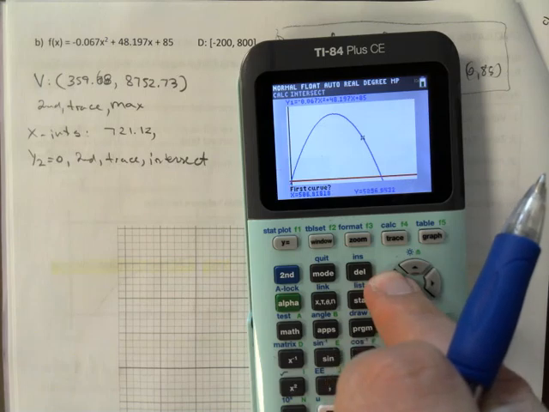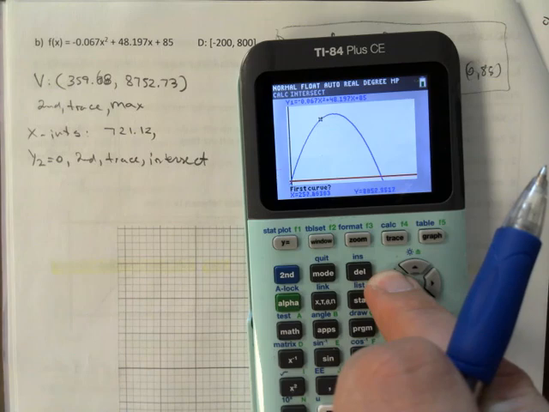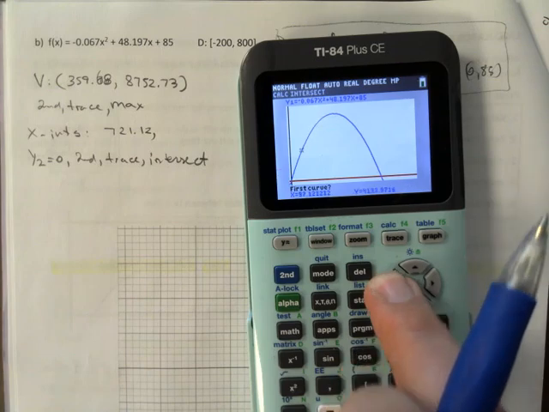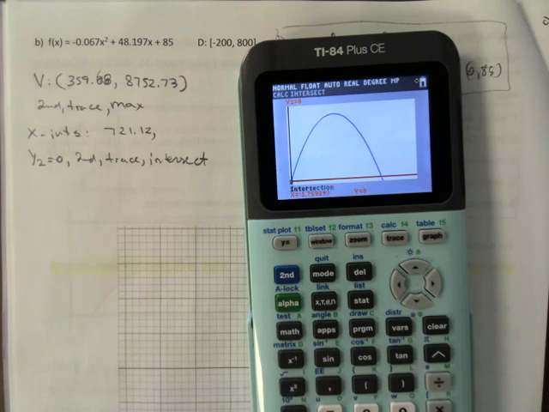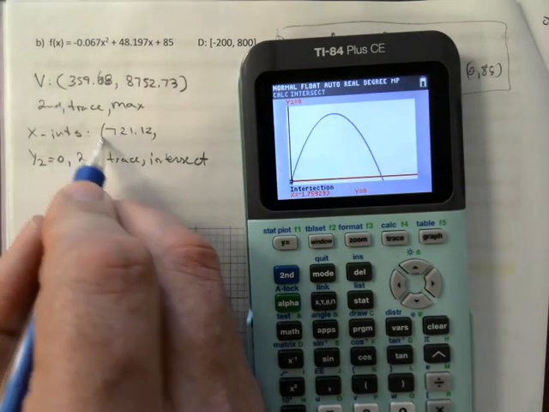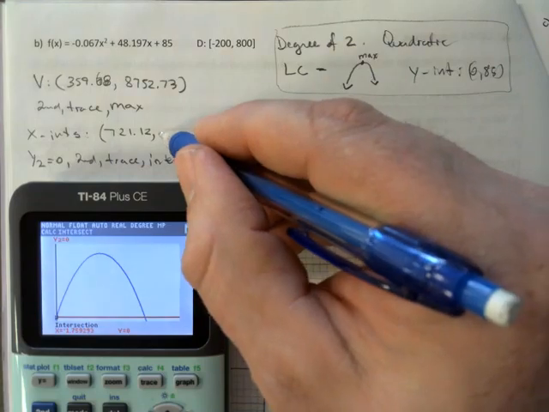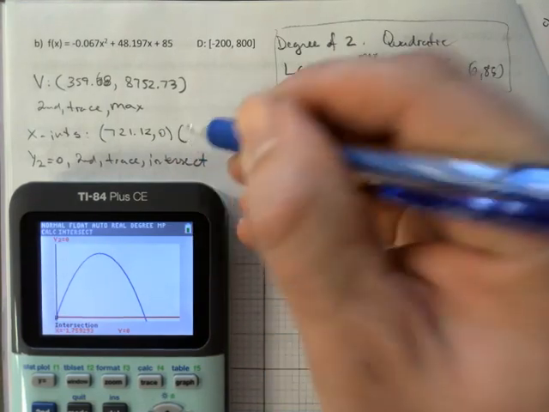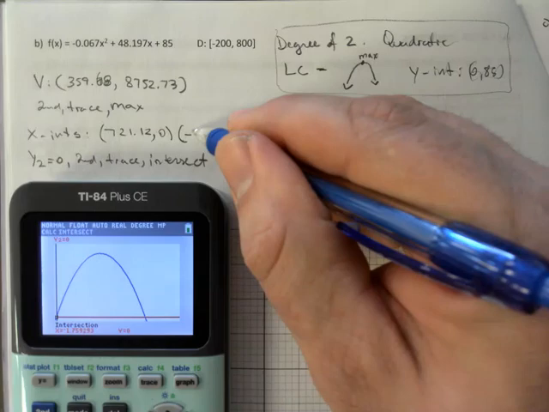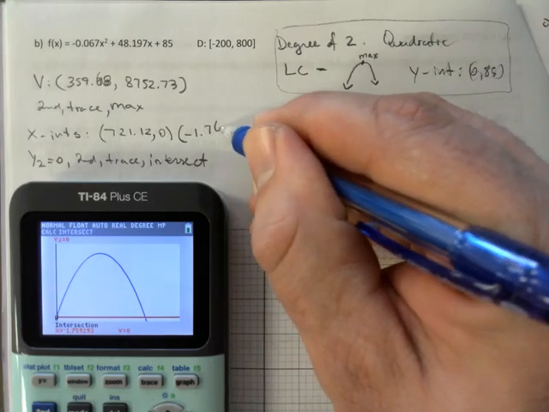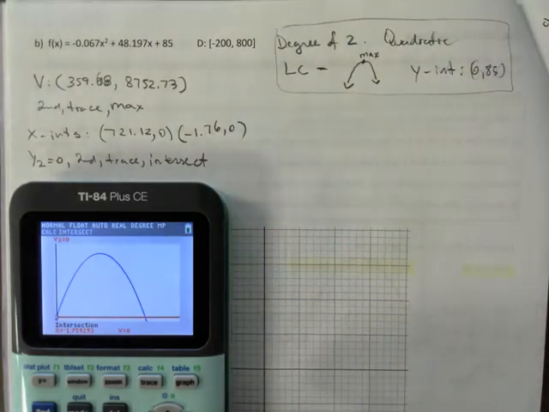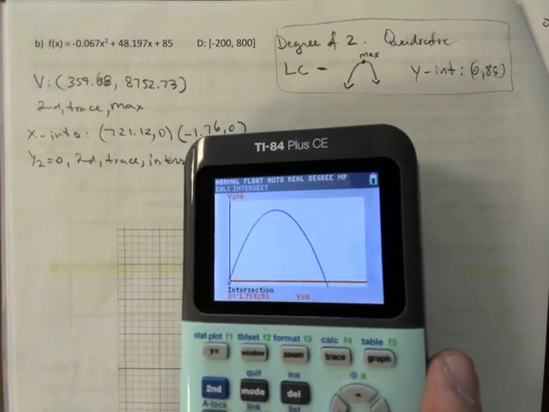Use the cursor to go all the way around. Closer to that point. And then hit enter 3 times. So the first one was 721.12, right? And the second is going to be negative 1.760. There you have it.